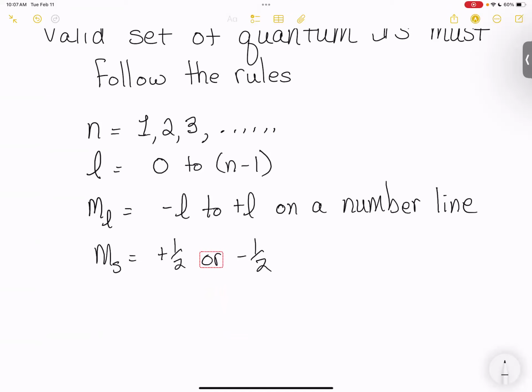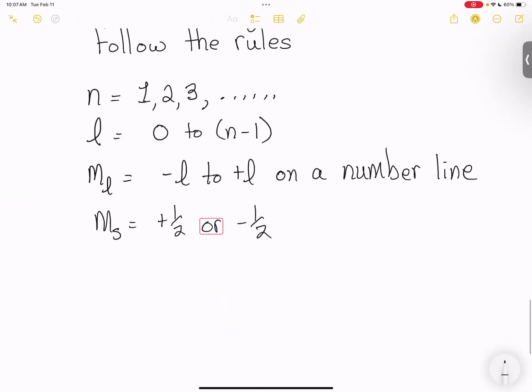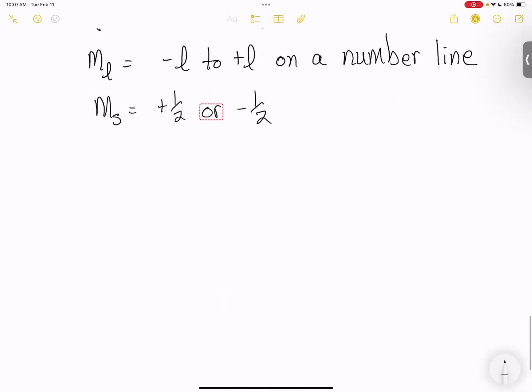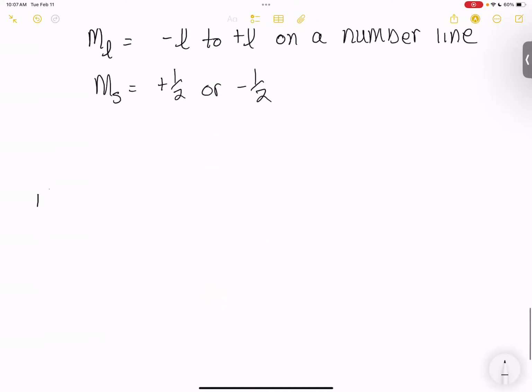So let's look at this in action. If n is 1, l can be anything from 0 to n minus 1. In this case, that is 0 to 1 minus 1, which is equal to 0.